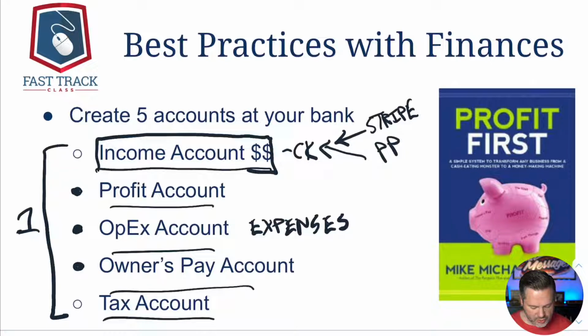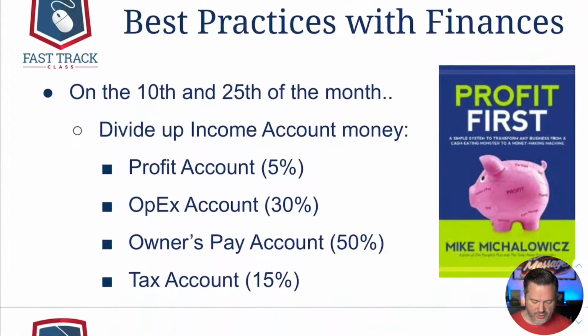Then you're going to have an owner's pay account, super important. This is how you're going to pay yourself for your business. And then you've got a tax account, and we'll talk about the tax account in just a minute, okay?